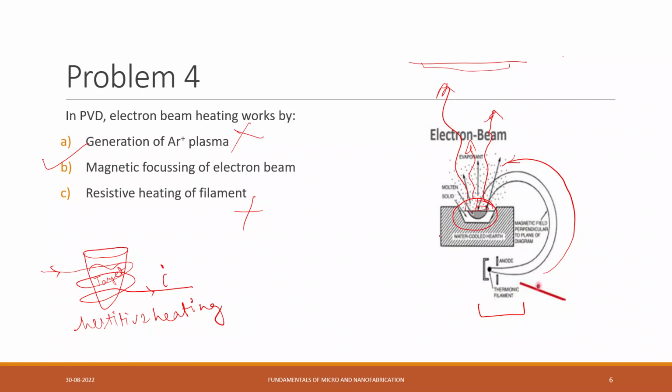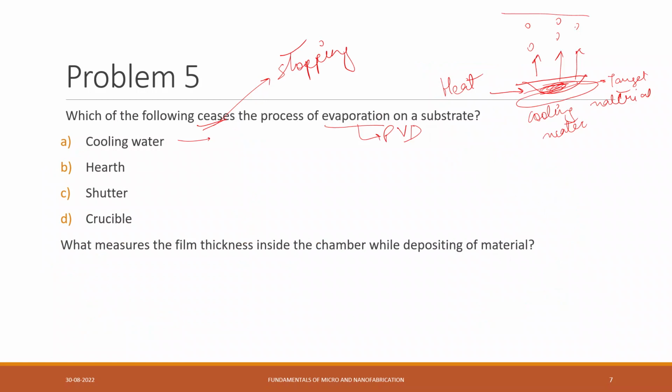You can see in this figure, water cooled hearth. You keep it cool such that only the material on the top portion is vaporized and goes onto the substrate, while the other part remains cooler. So cooling water does not function to immediately stop the process; you have to use it all the time.